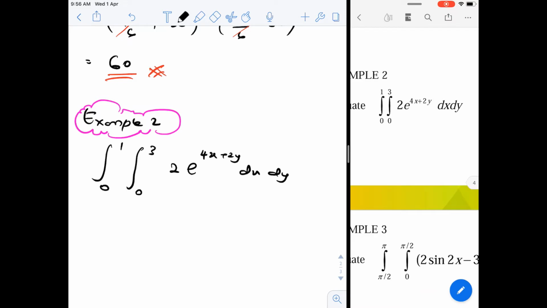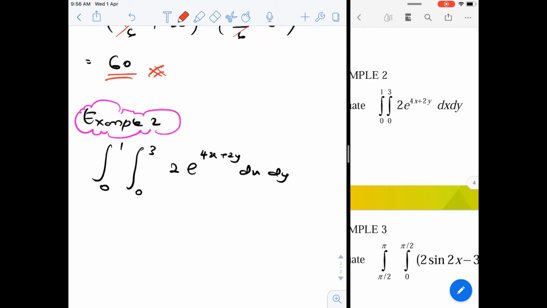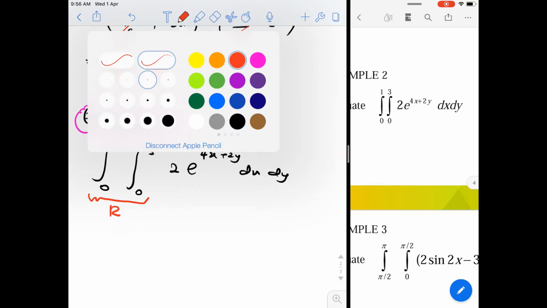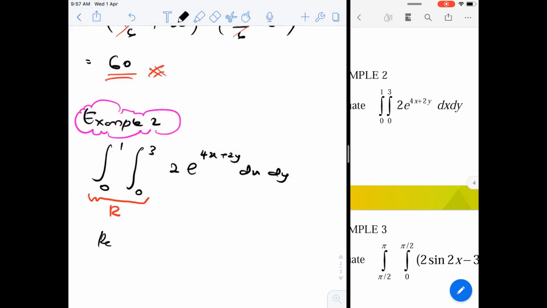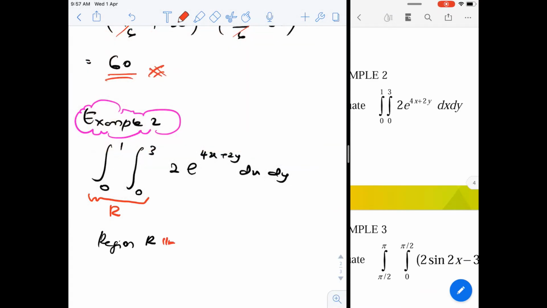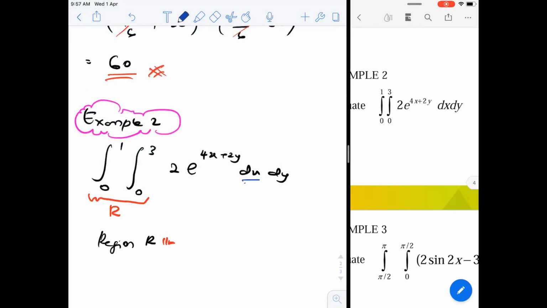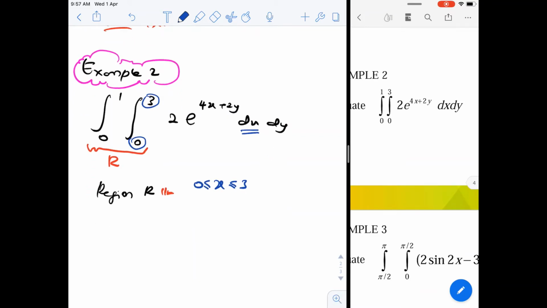Okay, now first of all, let's take a look at our region R. So region R, according to the limits here, is: x is from 0 until 3, and then y is from 0 until 1.